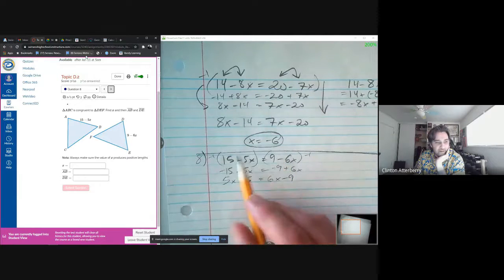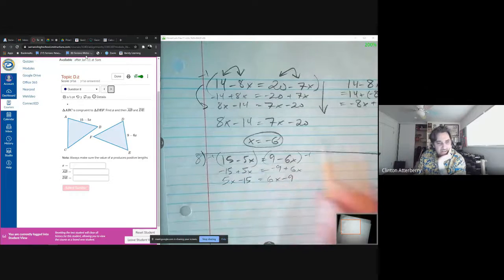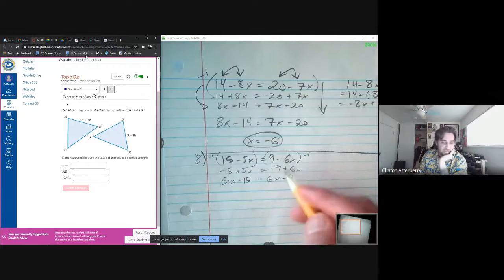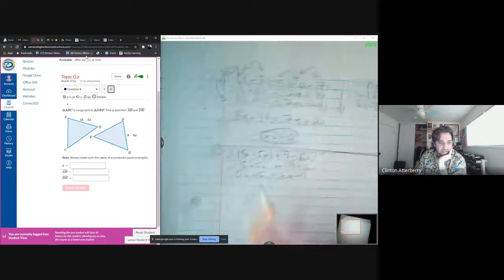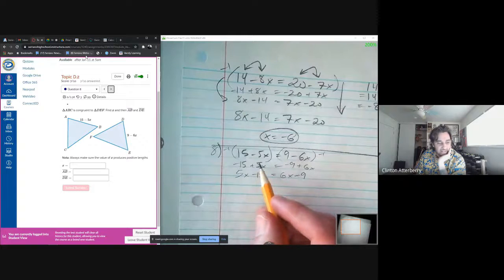Okay, so then positive 15 became negative, the minus 5x became a plus 5x, the positive 9 became a -9, and the minus 6x became a plus 6x. Okay, and then commutative property says we can switch the order around because they're adding. So now it's going to be, instead of -15 plus 5x, a positive 5x minus 15.